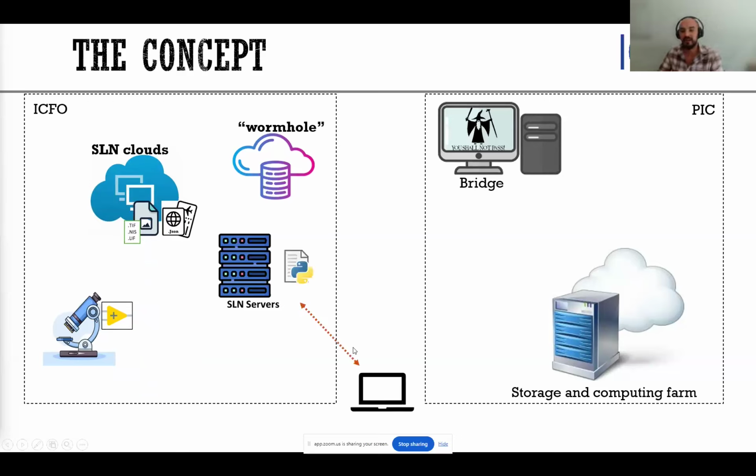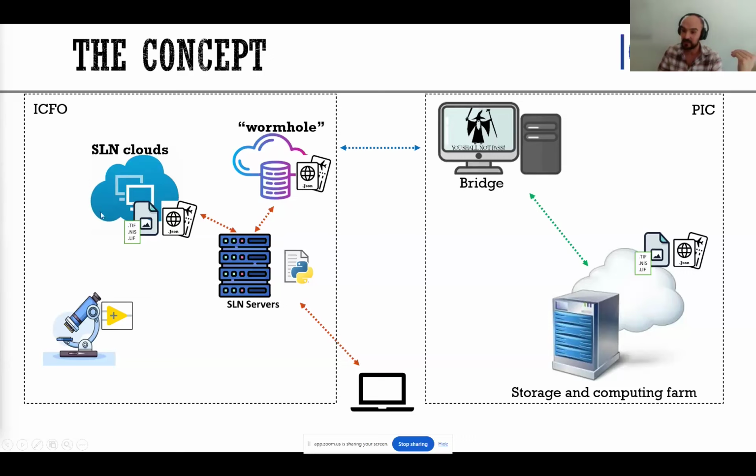Later, remotely, using the Python script on our own servers, we can create a copy of this JSON file in a special cloud that we call Wormhole. This special cloud is a bridge that makes a connection between the PEAK and our servers and our clouds. So at the PEAK, they routinely check which JSON files are new. In the JSON files, as you remember, we have the information on where all the raw data are stored.